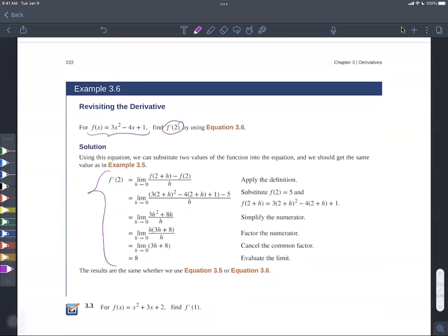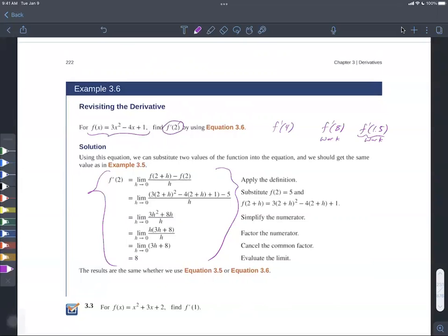So what if I also ask, okay, well, for the same function f, find f prime of 4. Well, now you have to do essentially this work again, and then f prime of 8 or f prime of 1.5, right? For each one of these problems, there's going to be a lot of work that we have to do to find each of these values.